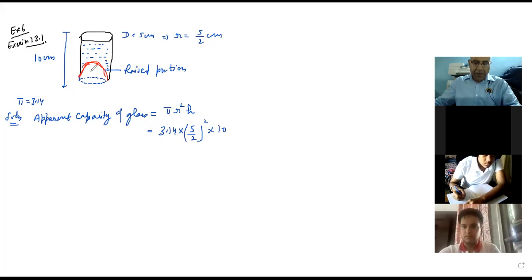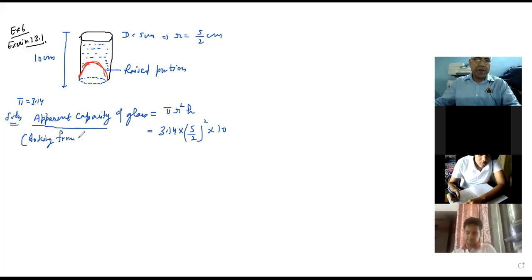So when I find the apparent capacity, it means looking from outside, as it is viewed by the customer. They will come to the shop to see that with less money they will get more juice, but when they actually hold the glass, they will come to know that there's a raised portion from the bottom which reduces the capacity of the glass and they will get less juice.